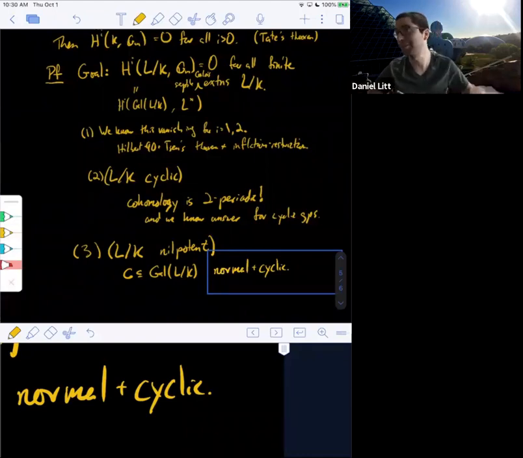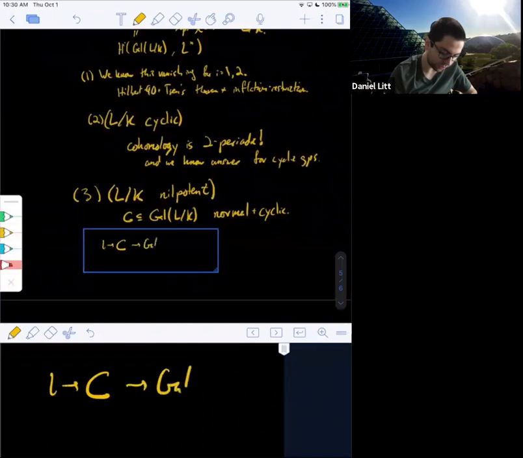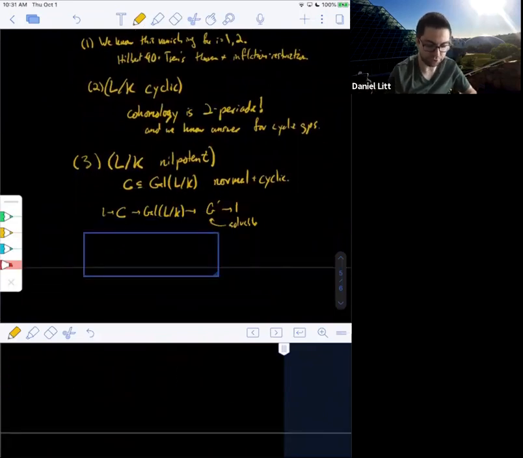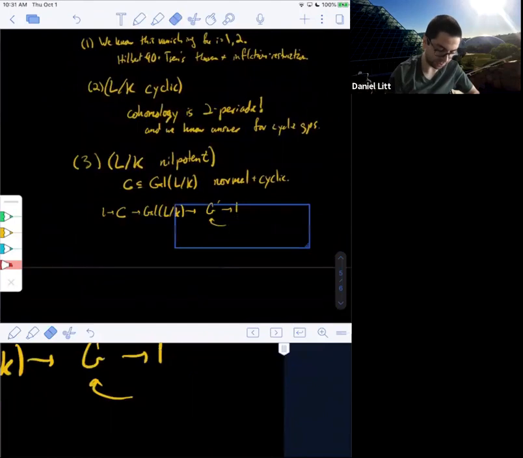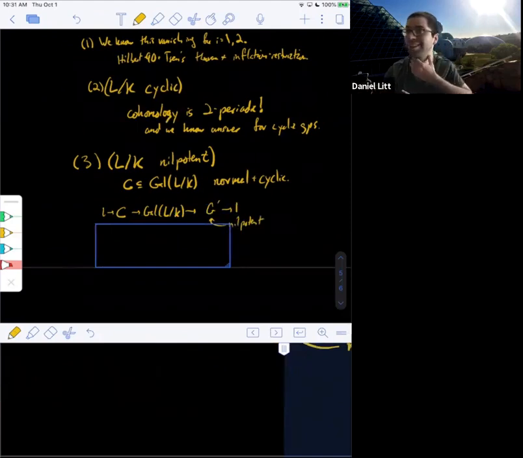You just take the first piece of your filtration. So now we have a short exact sequence from C to the Galois group of L over K to some quotient group G prime, which is also solvable, because a quotient of a solvable or nilpotent group is solvable or nilpotent. Let me stick with nilpotent because we're actually going to use a nilpotent case. Okay, does anyone see what to do now?